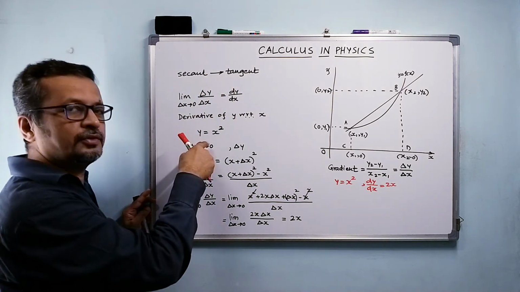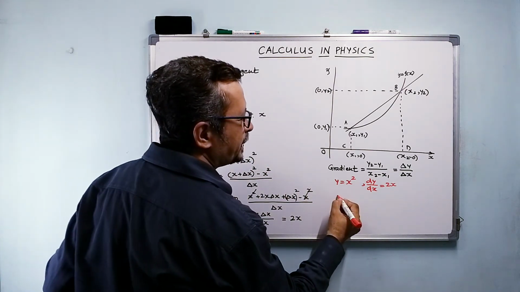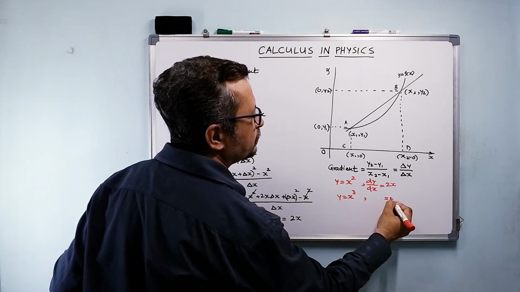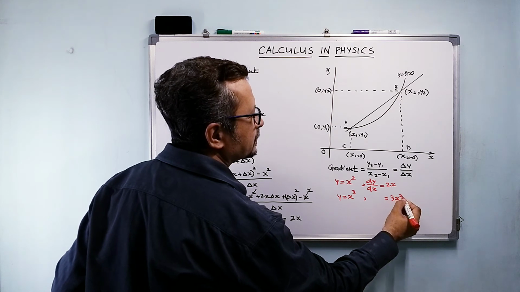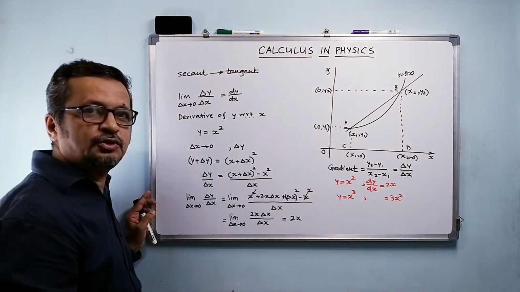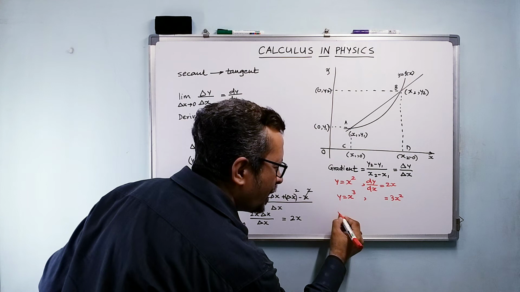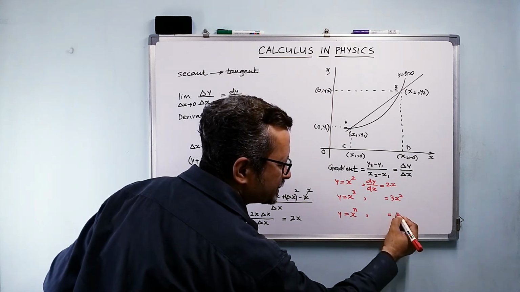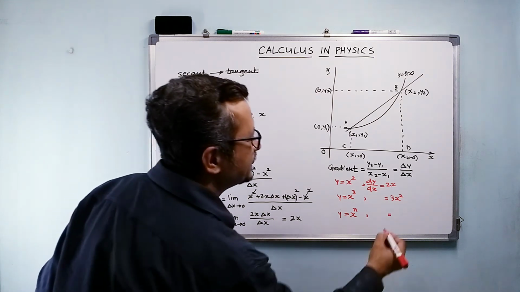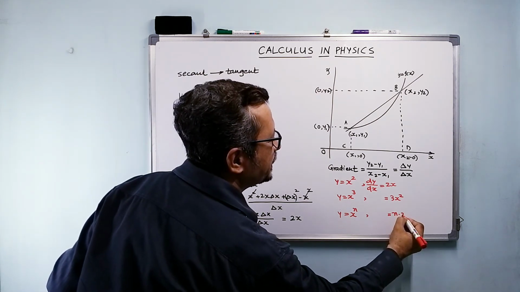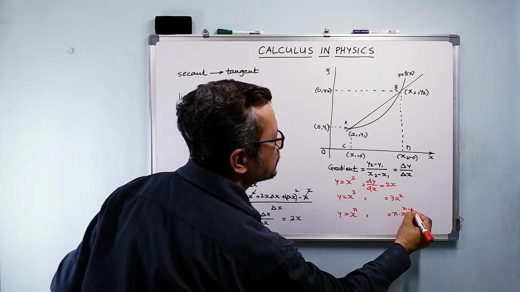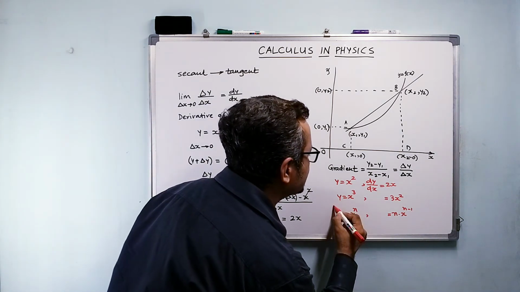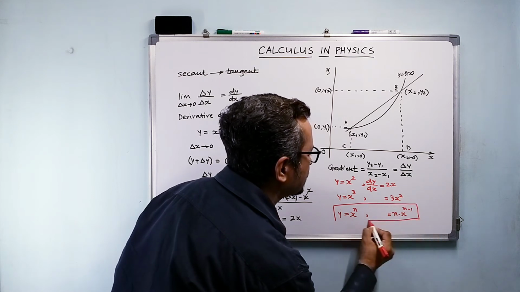As we did here for y is equal to x square, we can prove that for y is equal to x cube, dy by dx would be equal to 3x square, and so on. So if my y is equal to x raised to power n, I can prove that dy by dx is n into x raised to power n minus 1. This is my general formula.